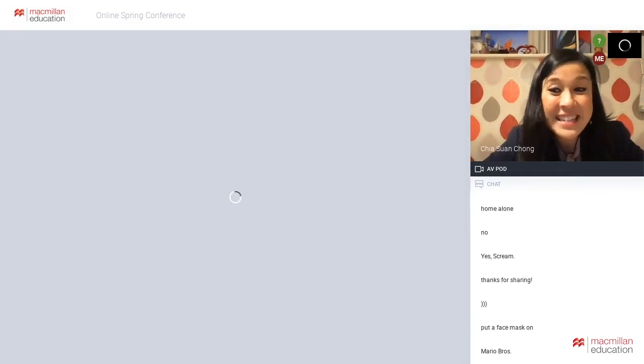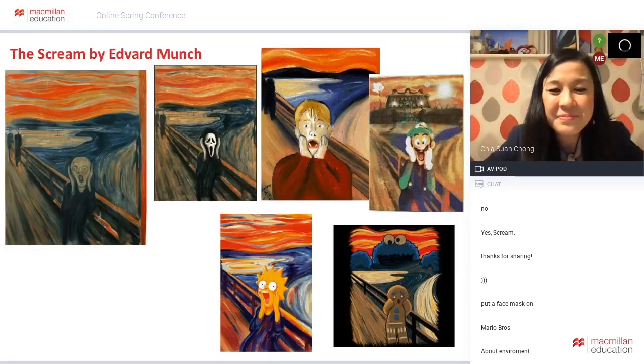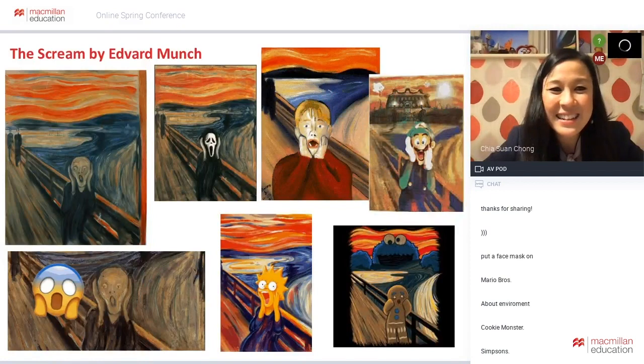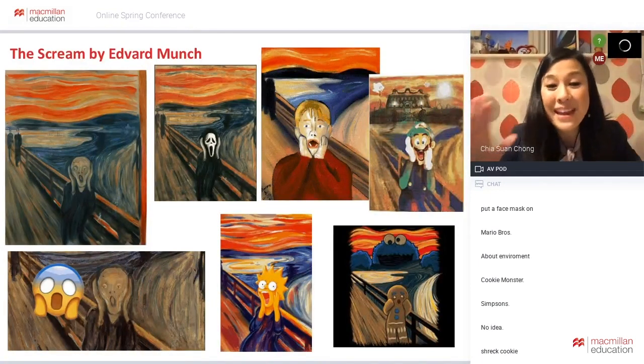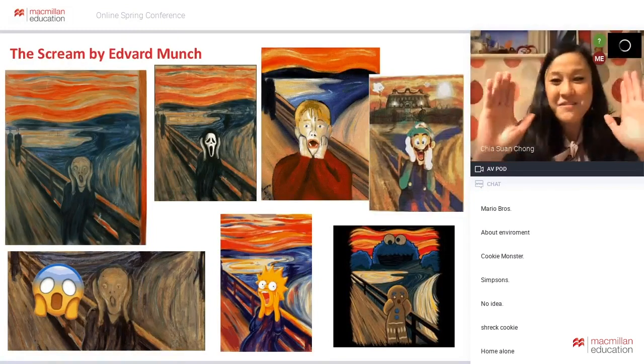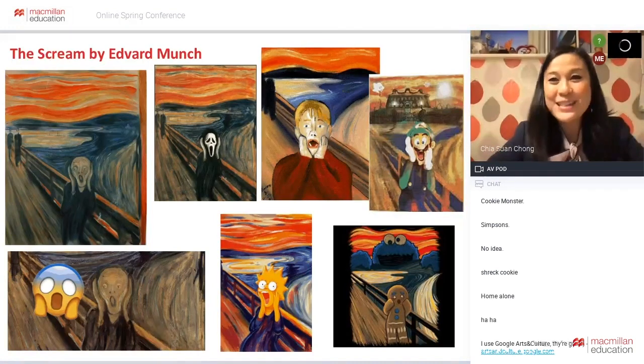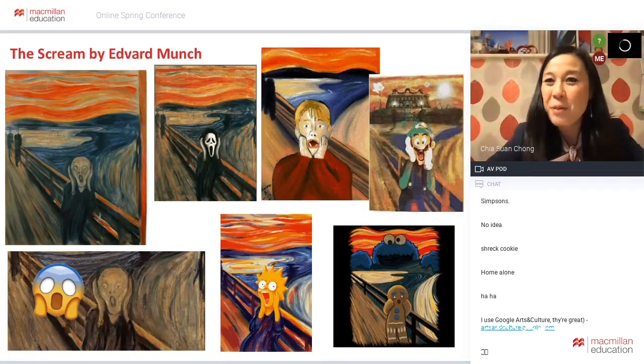Sesame Street, The Simpsons, and there's even an emoji based on The Scream. Isn't that fantastic? That a simple painting could have such influence on popular culture.